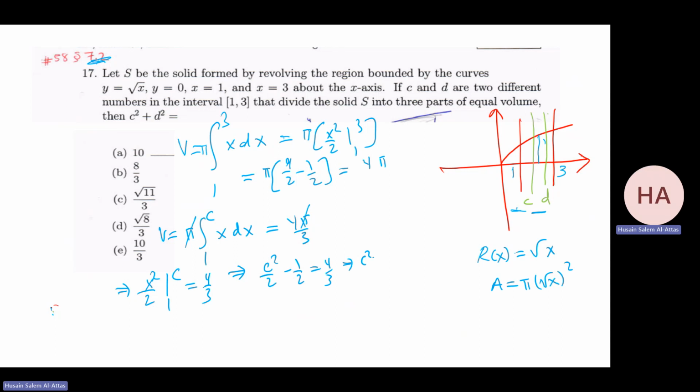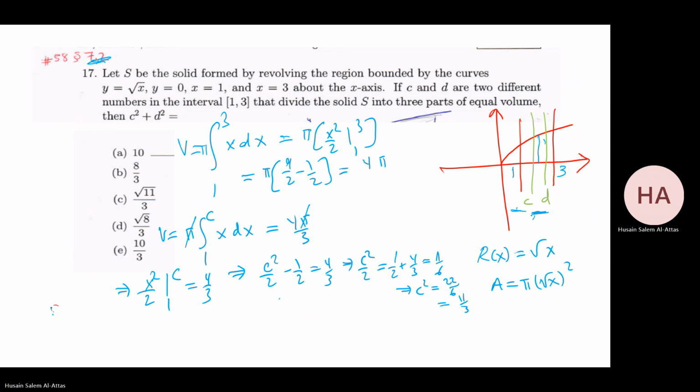So C squared over 2 equals what? Take half to the other side. I have 1 over 2 plus 4 over 3, which is 11 over 6. So C squared, which I need, will be 22 over 6, which is 11 over 3. I get C squared.